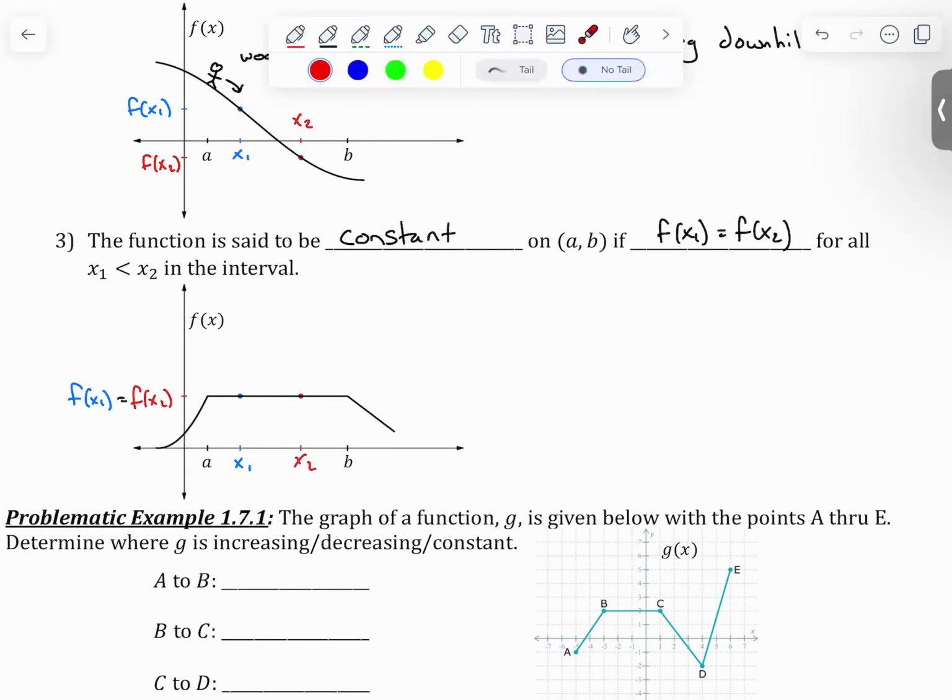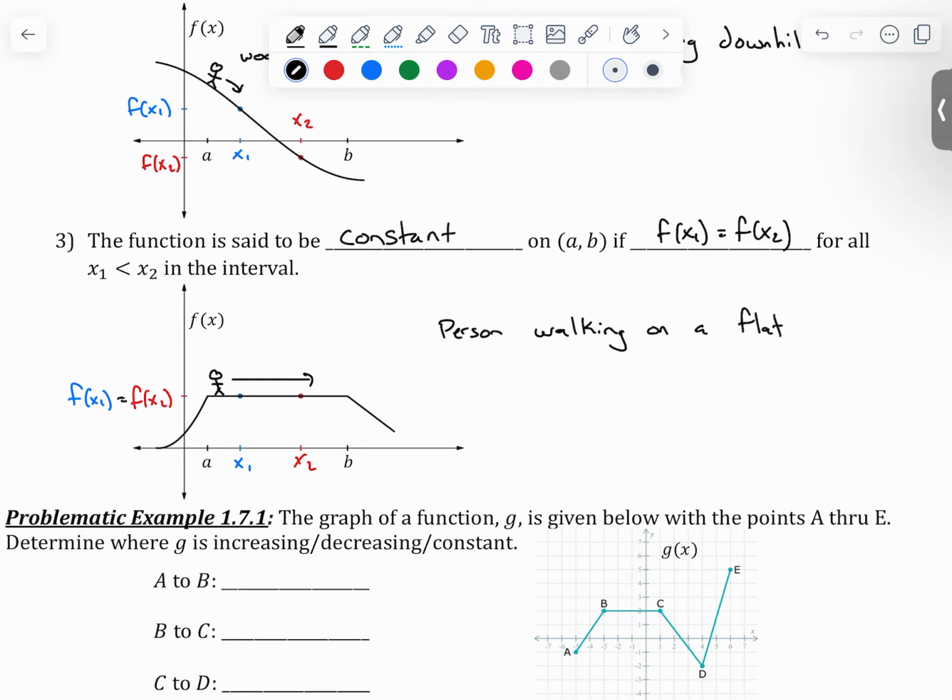You're constant if you get the same value regardless. And so your person, if you were to draw them, they are just walking on a straight line, on a flat plane.